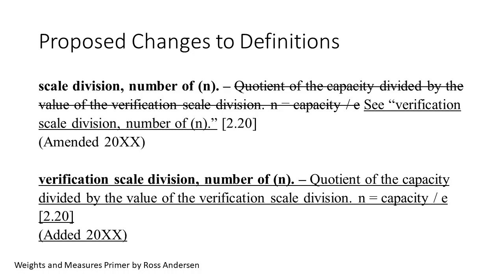The correct term is verification scale division, number of, parentheses, N. We could have deleted the upper definition. It was retained and modified as a placeholder in the S's alphabetically. You are directed to the V's alphabetically for the definitions of E and N.